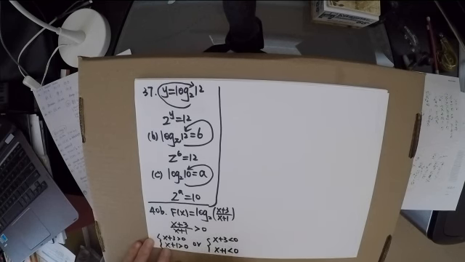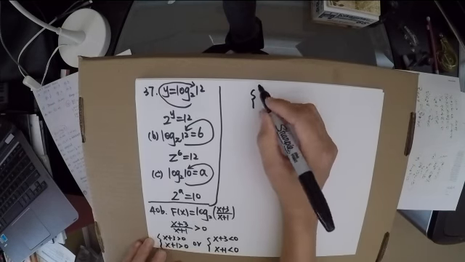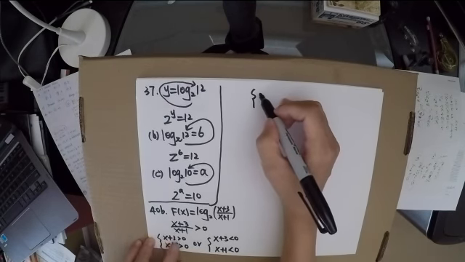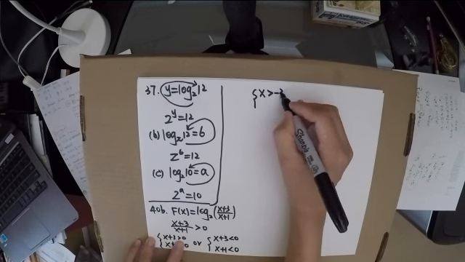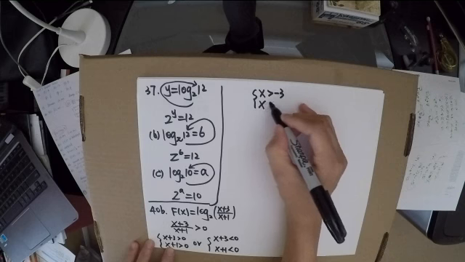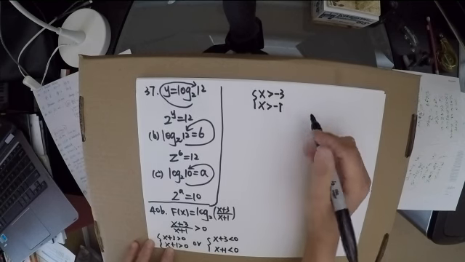So we have two different cases. Let's take a look at the first case. x plus 3 greater than 0 gives us x greater than negative 3. x plus 1 greater than 0 gives us x greater than negative 1.